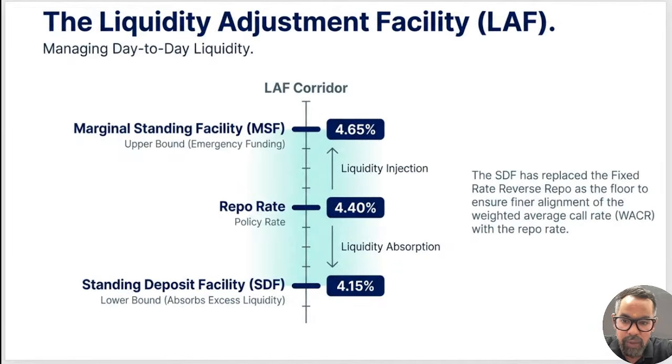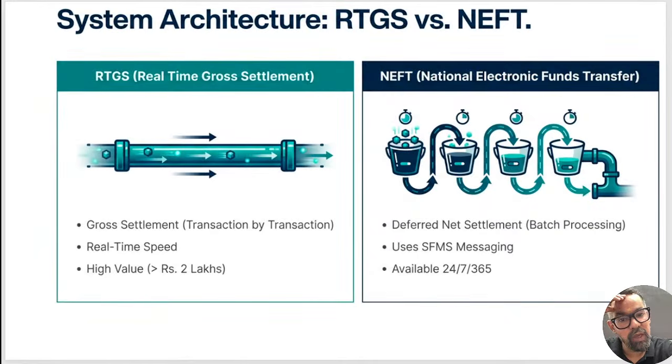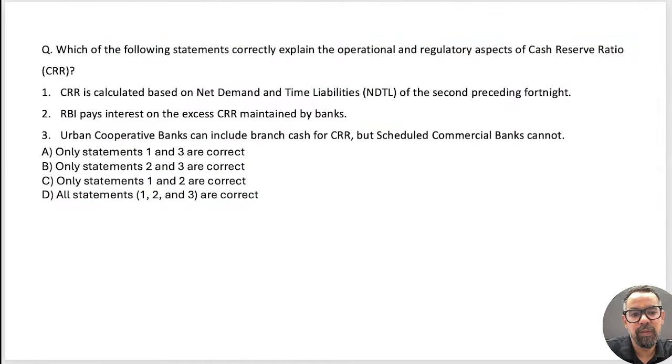LAF corridor, and then we have LAF, the time duration also, the LAF framework, right? So the different instruments and all. Payment and settlement, where we have NEFT, RTGS, NDS system. We have CCIL. These are the areas which are generally part of this. Okay? So now let's practice our questions.